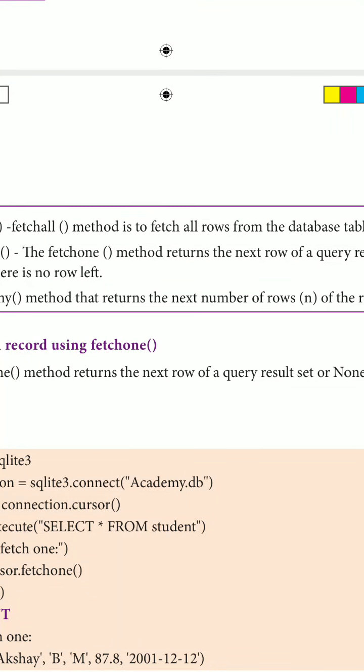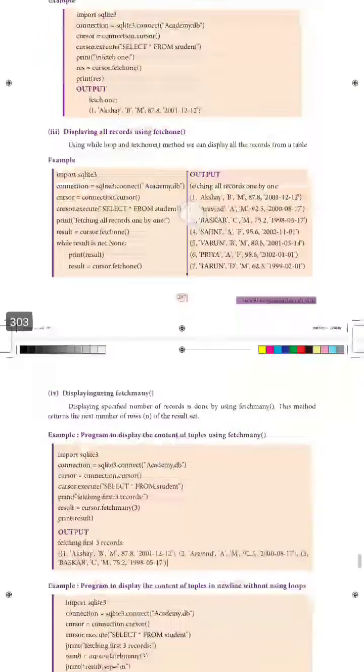If the table contains hundreds of rows but I want only the first 10 rows of the result, then you can use fetch many, giving the number of rows inside it. This will provide the first 10 rows out of the 100 results. We'll see an example here.